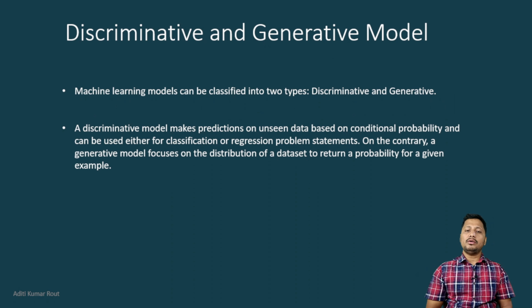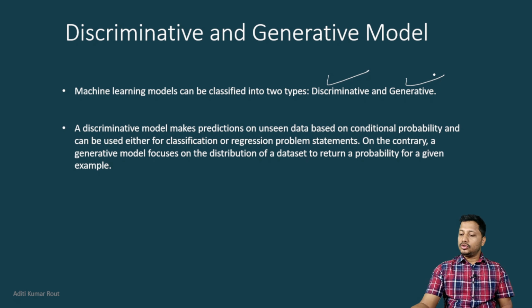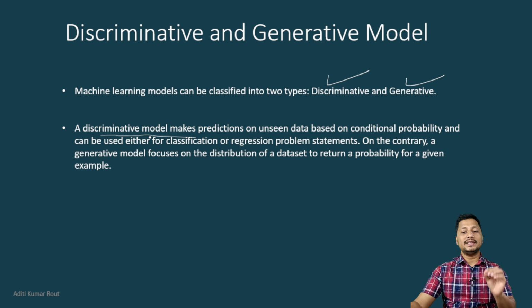If I am talking about discriminative and generative models, machine learning models can be classified into two types. One is discriminative and another is generative. A discriminative model makes a prediction on unseen data based on the conditional probability and can be used for either classification or regression problem statements.